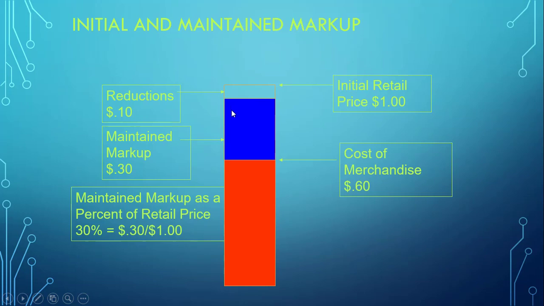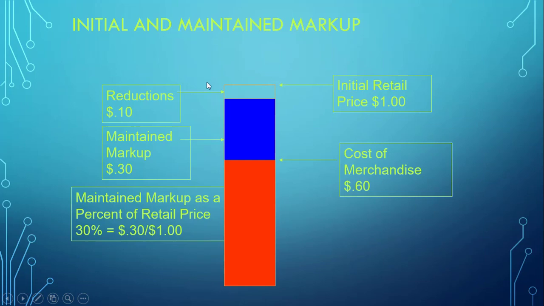For instance, let's say the initial retail price of the product is $1 and the cost of merchandise is 60 cents. So when you subtract the cost from the initial retail price, the margin, the profit that you will get as a retailer will be 40 cents.